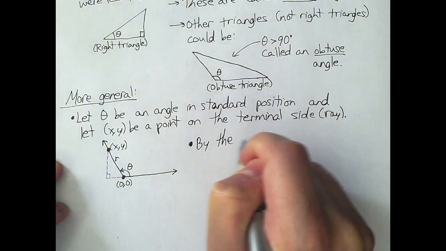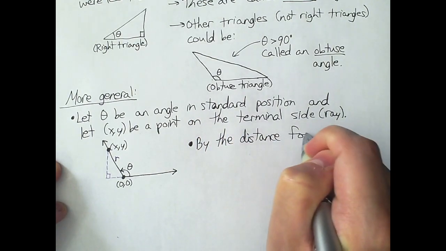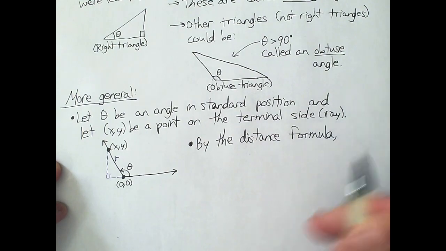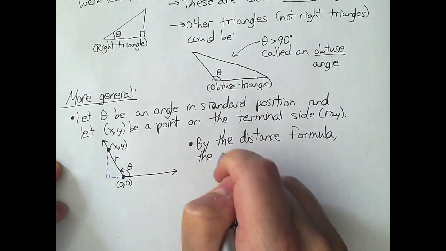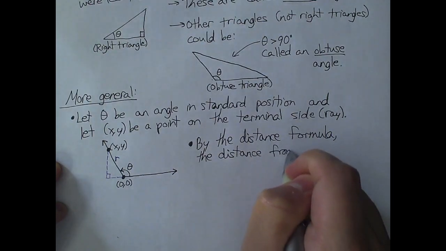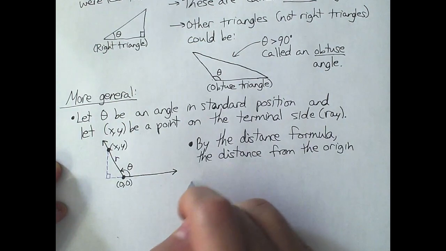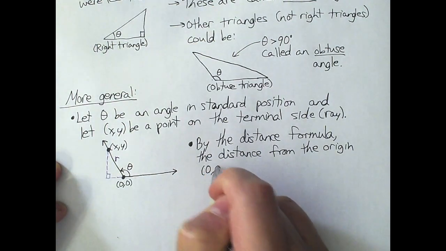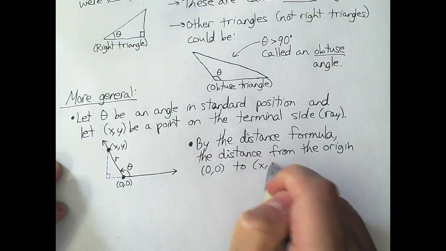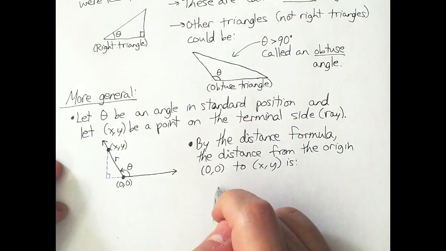By the distance formula, the distance from the origin (0, 0) to the point x comma y is, well, I labeled that distance as r, so let's call it r.